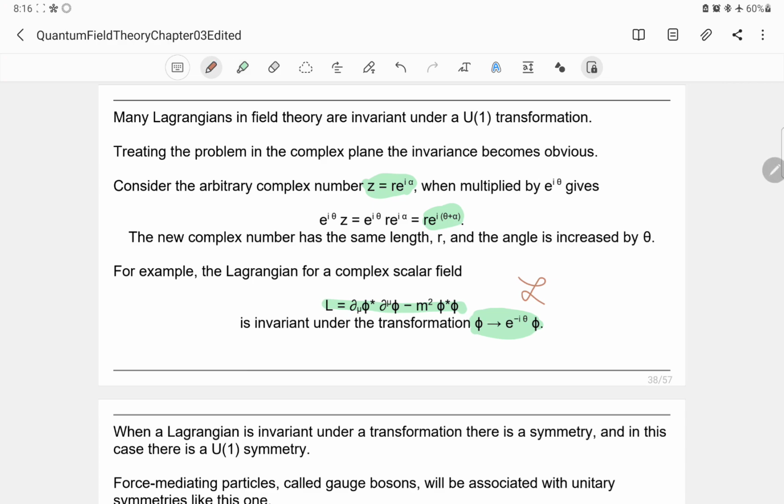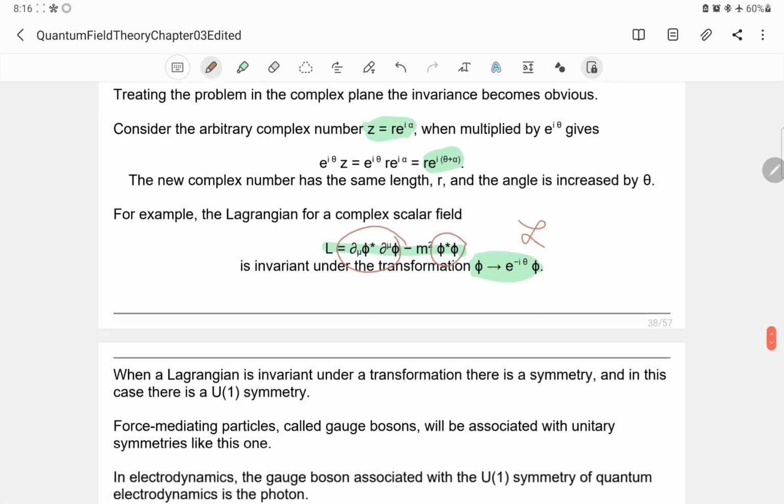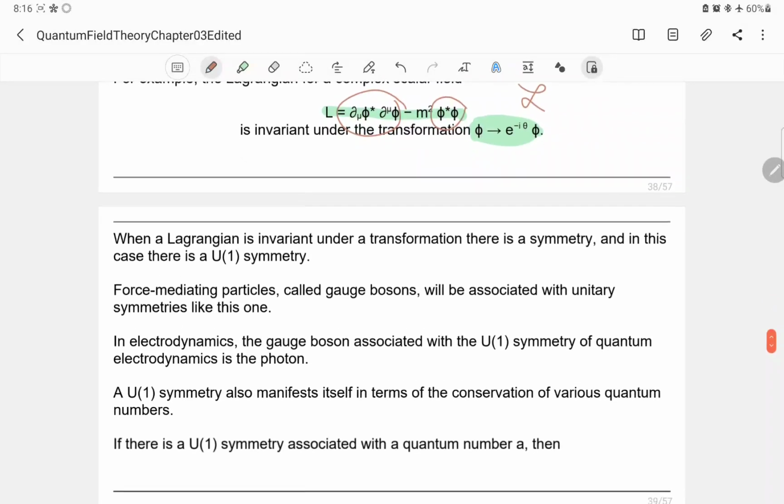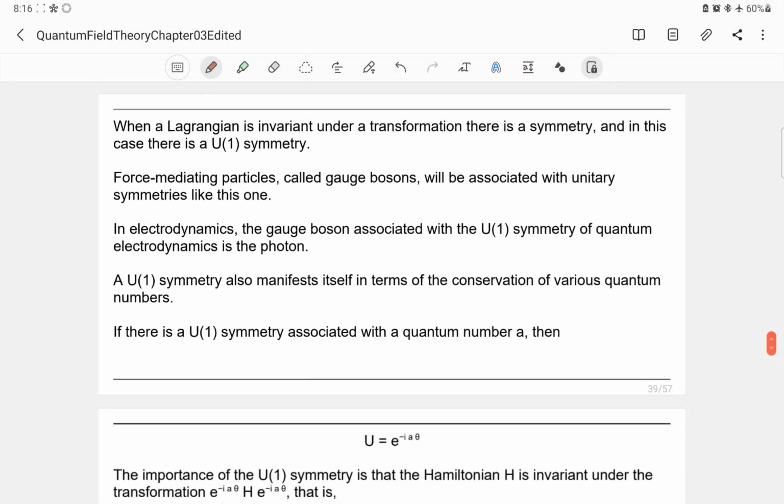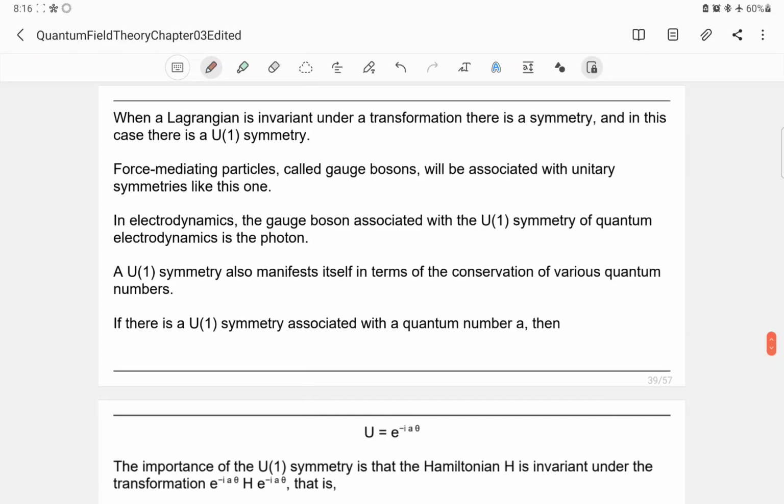So when you have this one, your exponential will just cancel, and also this one here. So the Lagrangian is invariant under that transformation, under the U1 transformation. So when the Lagrangian is invariant under a transformation, there is symmetry. And in this case, your symmetry is the U1 symmetry.